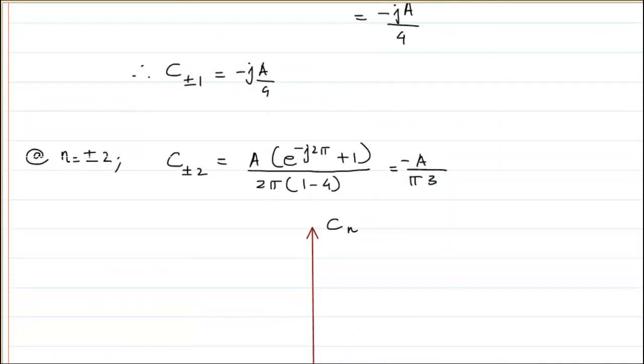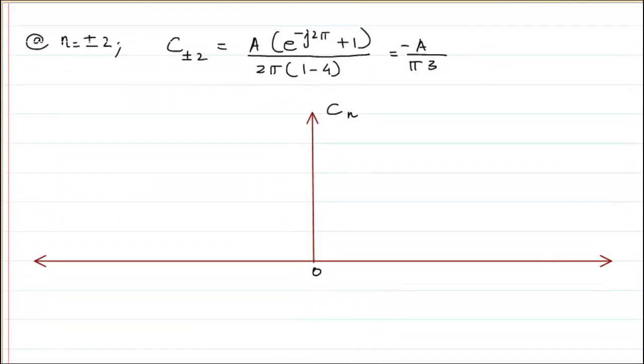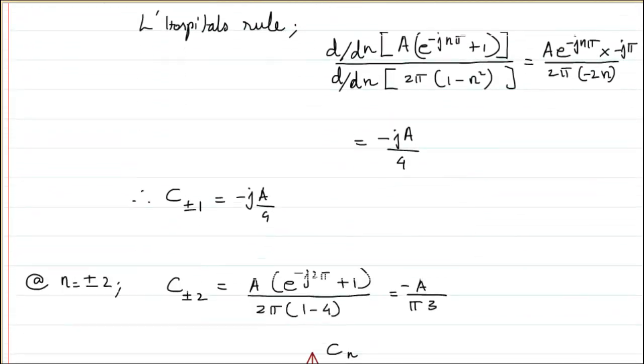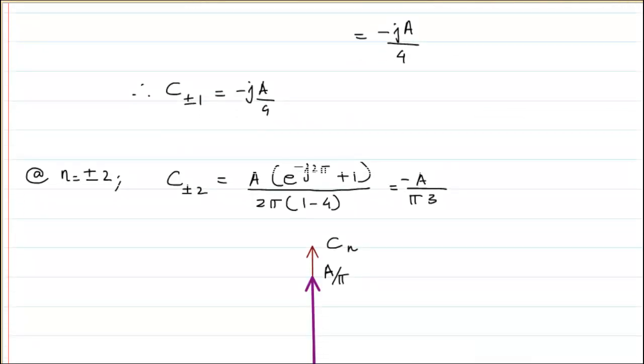At 0 it is a by pi. So let me draw a by pi. Okay, and then at plus and minus 1 you are having minus j a by 4. So I will just write the magnitude.